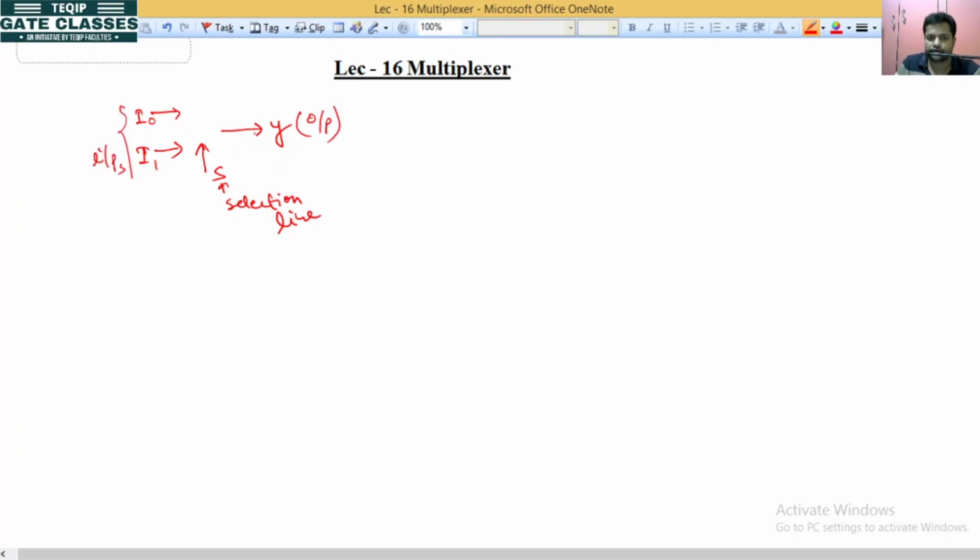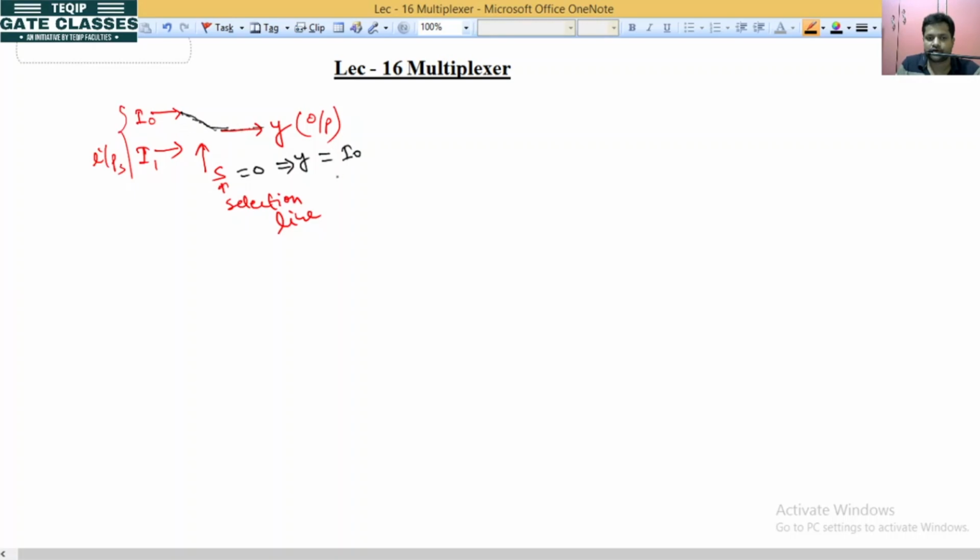So if s equals 0, what does it mean? It means that Y is equal to I0. Y is equal to I0 means what? If s is 0, then this I0 is transferred to the output, okay?